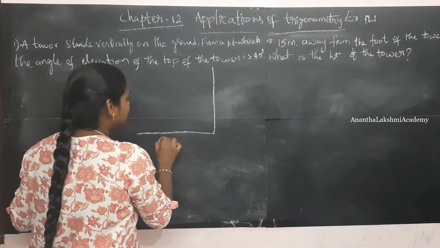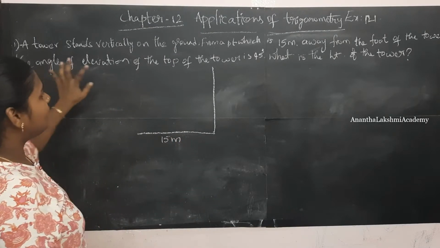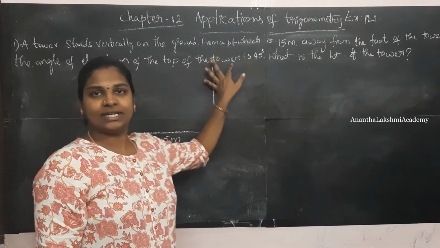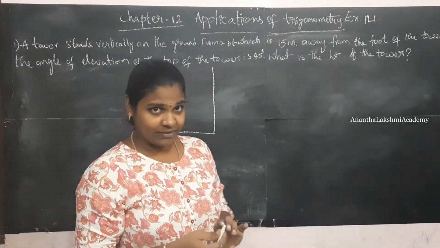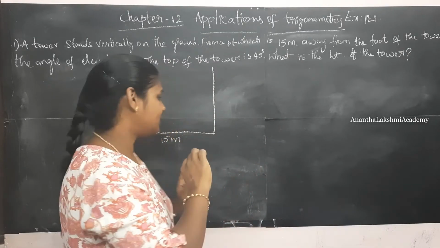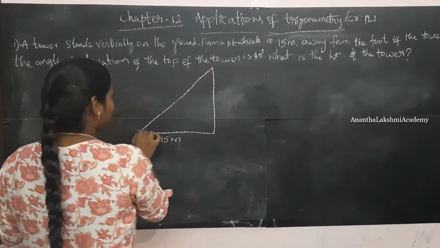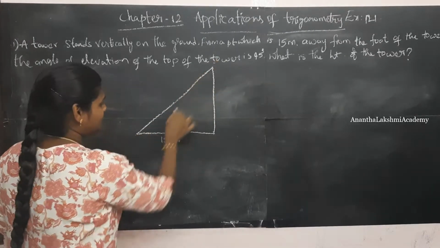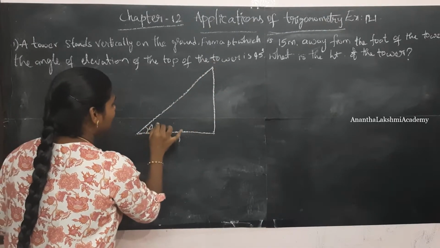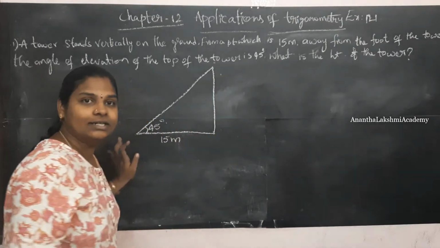The angle of elevation of the top of the tower, I already told you, is nothing but the angle made with taller objects, so from the foot of the tower to the top of the tower, it is 45 degrees. What is the height of the tower?